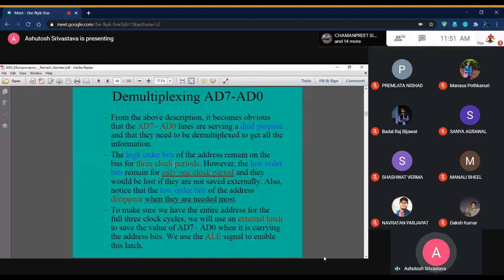So this is for the higher order. The lower order, since it's only for 1 clock period, also needs to be made sure that it is not lost in any manner.